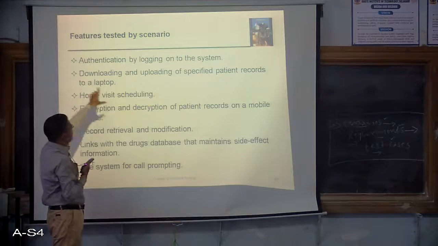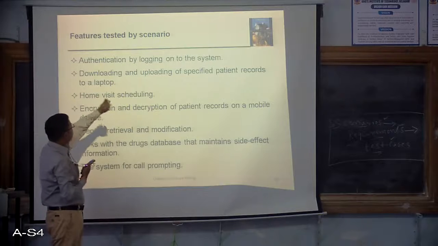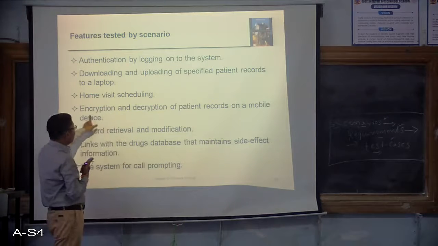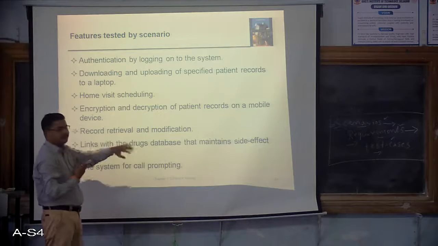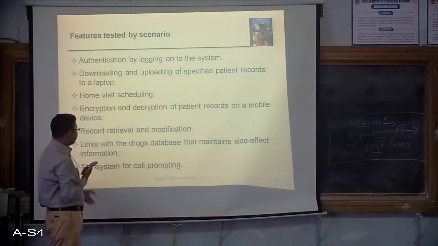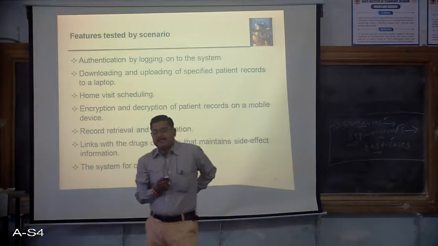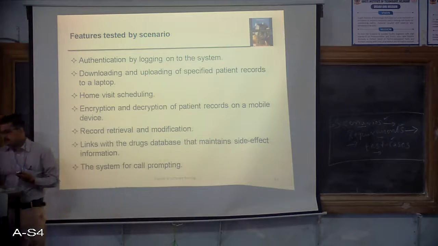For every requirement we check these possibilities: the authentication process, downloading and uploading, home scheduling, encryption and decryption, record retrieval, links with the medicine database and side effects, and the system for call prompting. These are the requirements and test cases given for the mental healthcare management system.